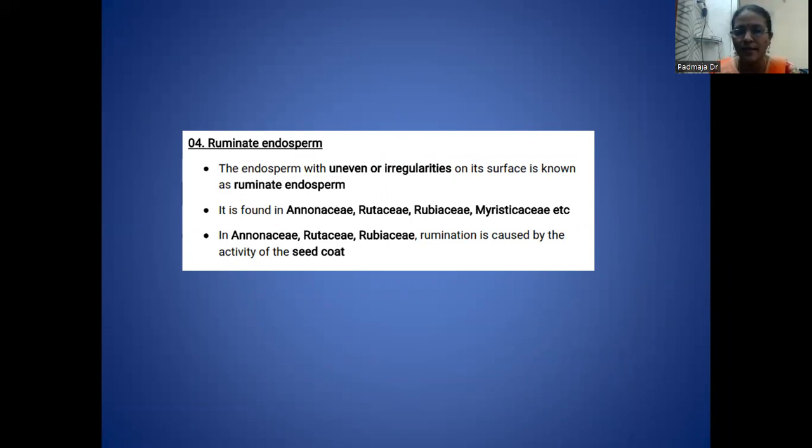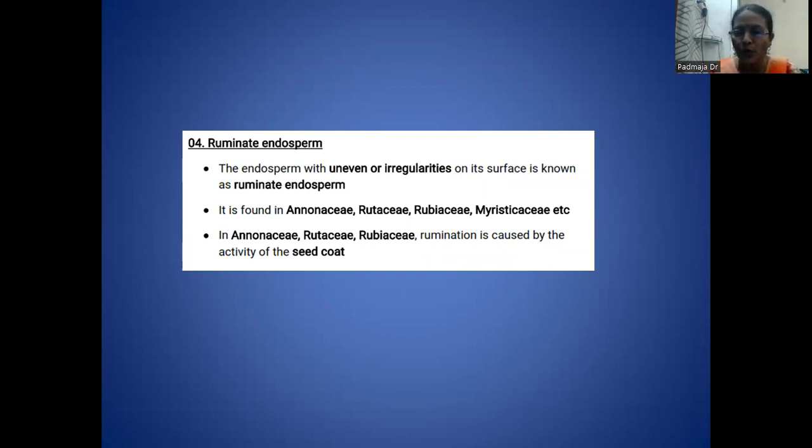These are mainly seen in the families of Annonaceae, Rutaceae, Rubiaceae, and Myristicaceae. In these families, the endosperm is known as a ruminate endosperm. That means the endosperm with uneven irregularities on the surface, like an eaten or unequal surface.